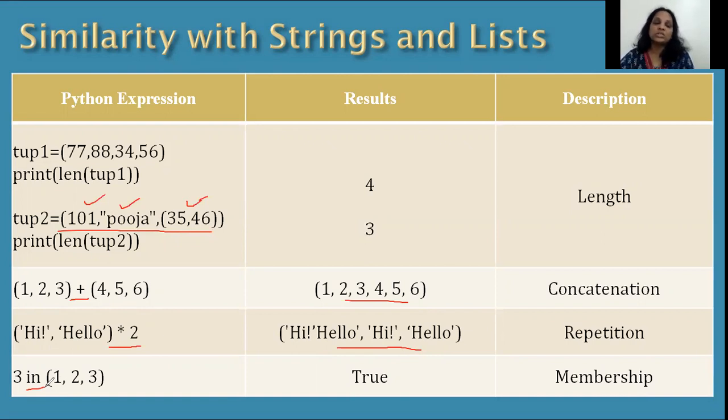In this scenario it is, so it gives you true. Suppose you had written 5 in 1, 2, 3, it would have given you false. I'm going quite fast with this because we have learned this with strings, and again with lists, and now we are learning it with tuples. Is that clear? Okay. Let me take you to my next screen now.